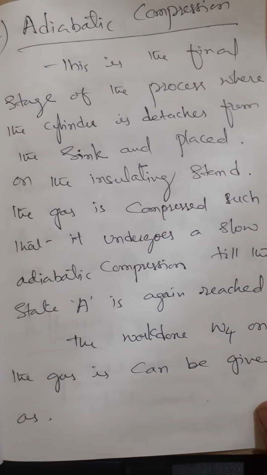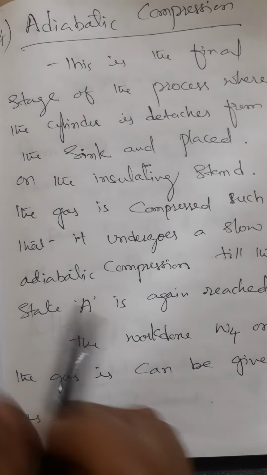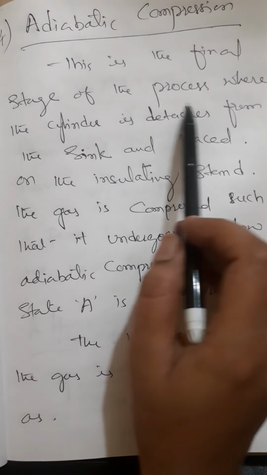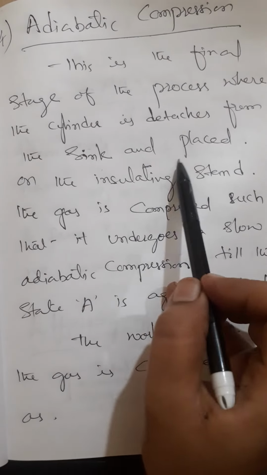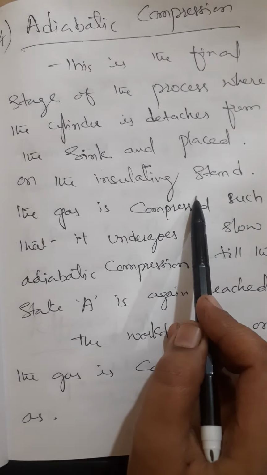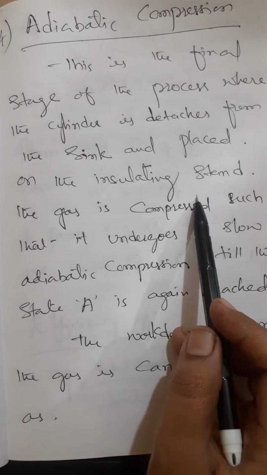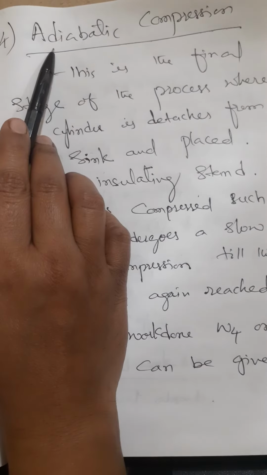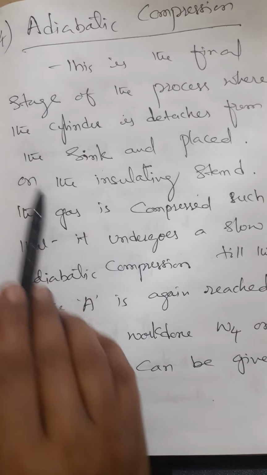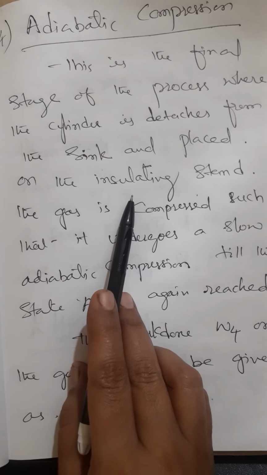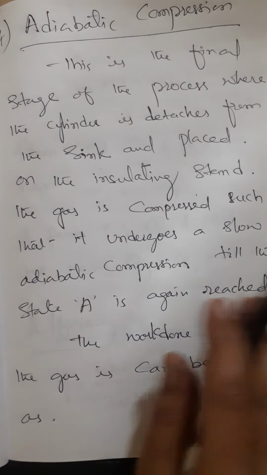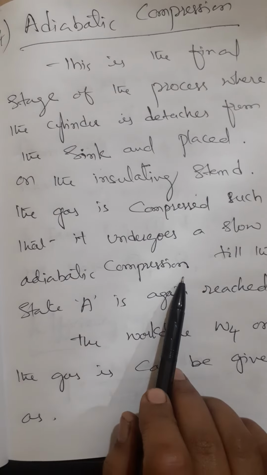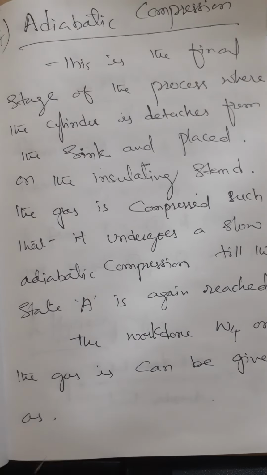Now adiabatic compression. This is the final stage of the process, where the cylinder is detached from the sink and placed on the insulating stand. Because it is an adiabatic process, we use the insulating stand, so heat neither enters nor leaves the system, and the gas undergoes slow adiabatic compression till state A is reached.